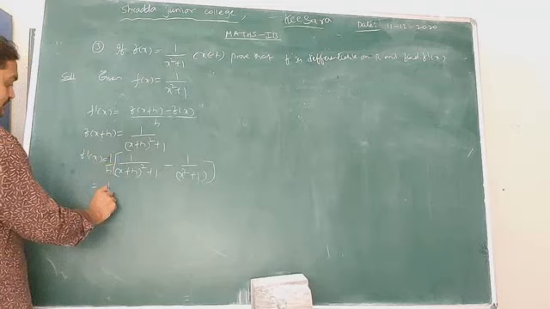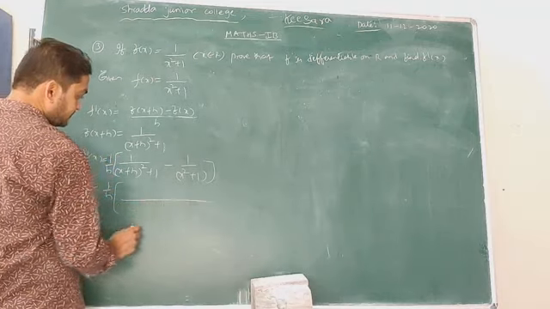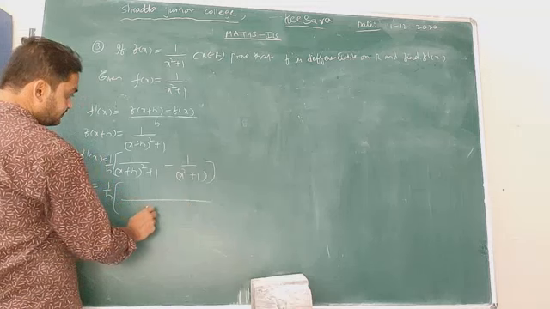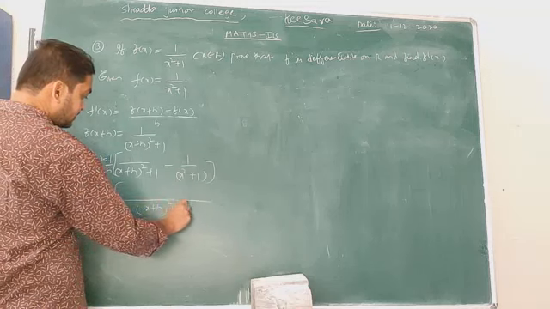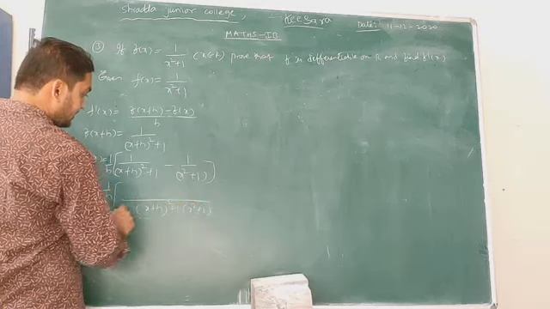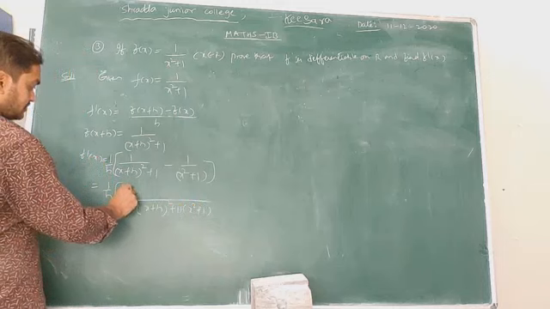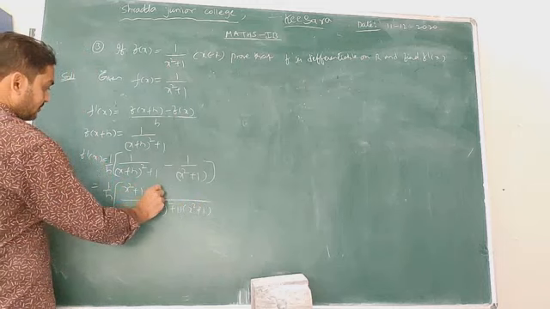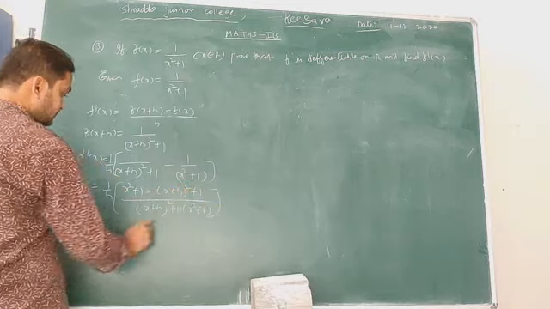This is equal to 1 by h into, now what is the LCM here? x plus h whole square plus 1 into x square plus 1. Now here x square plus 1 minus x plus h whole square plus 1.